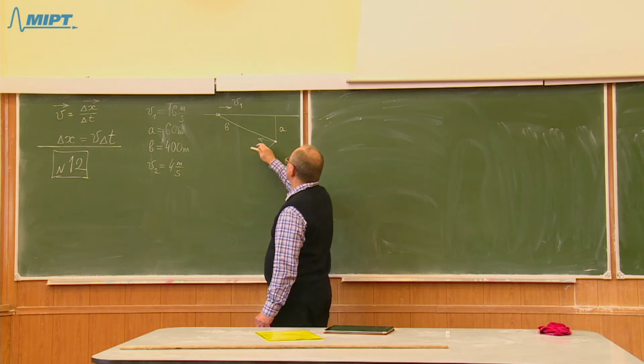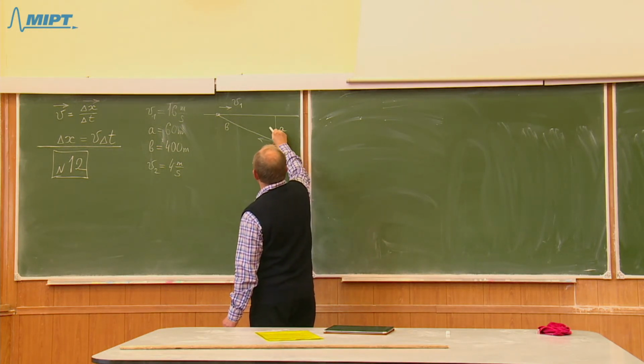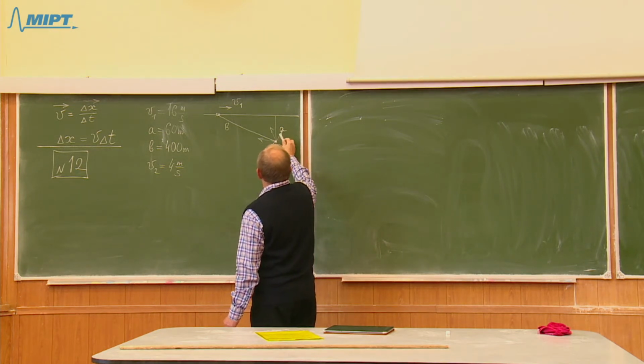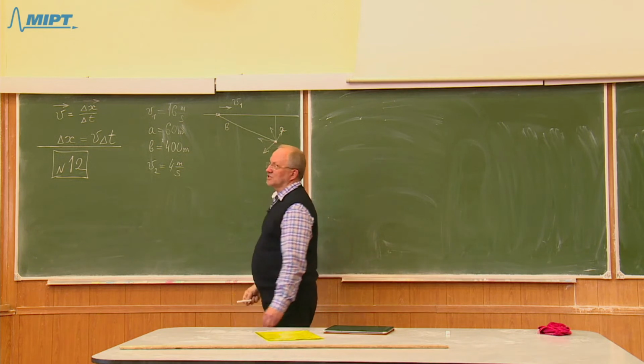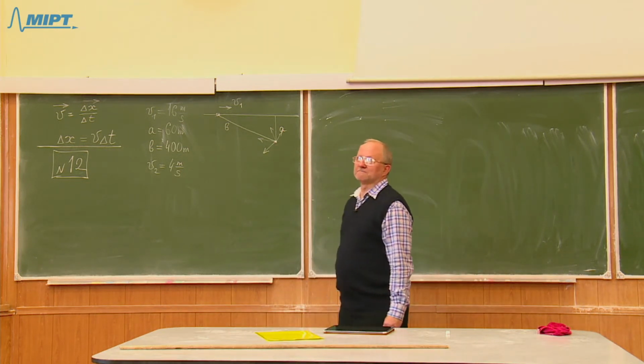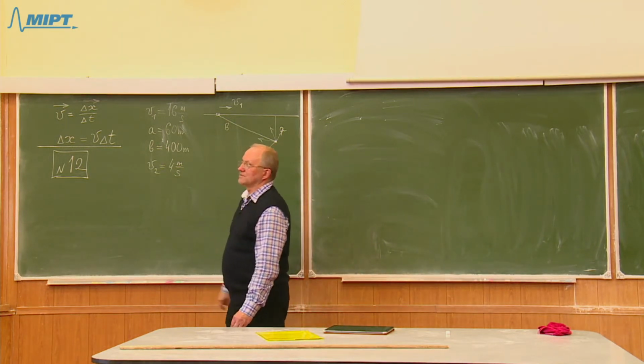No. So we must find such directions. Probably this one, I don't know. Probably this one. But we must find such directions which are good for this man to catch the bus if he can run at a given velocity.